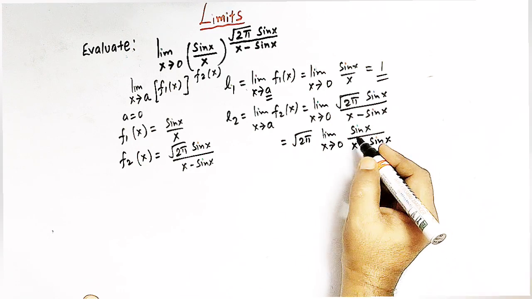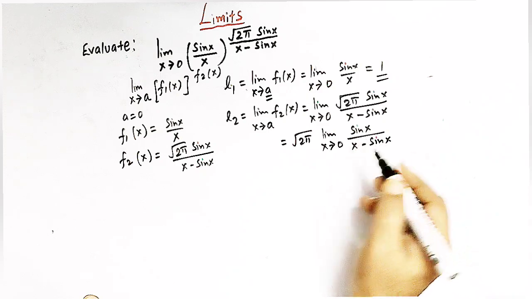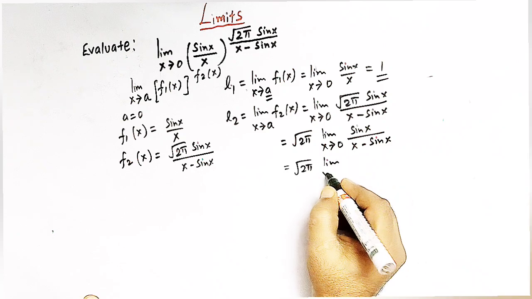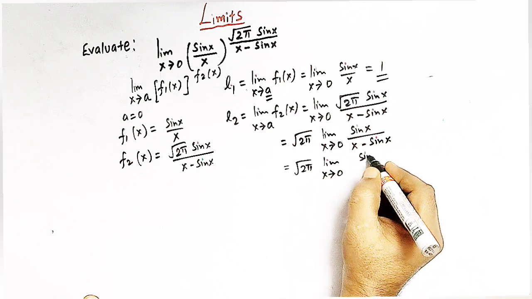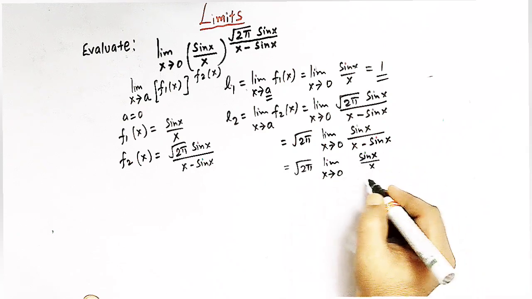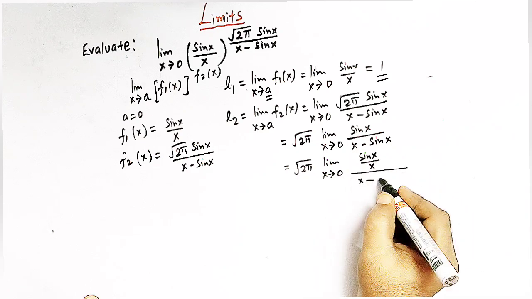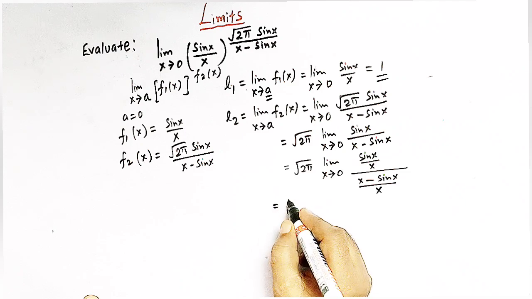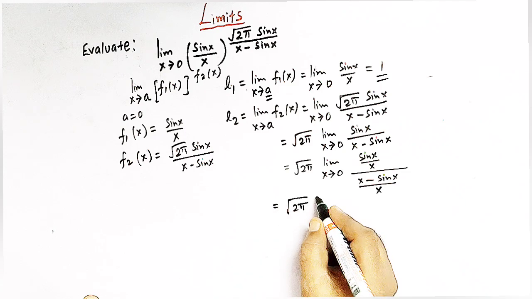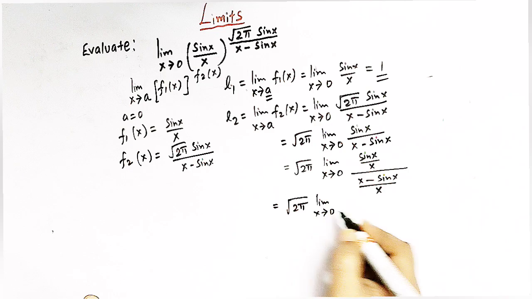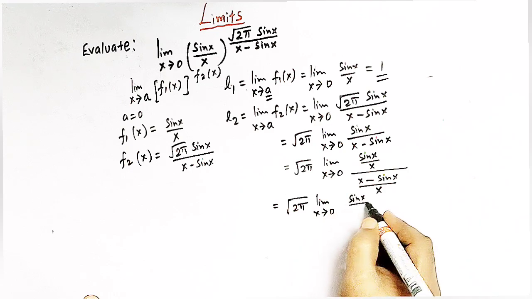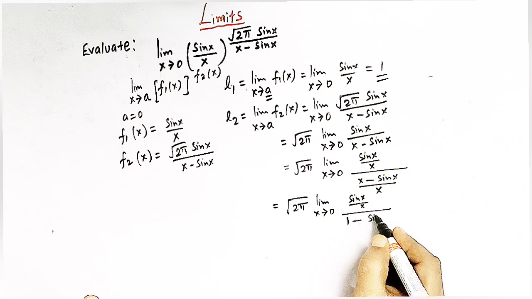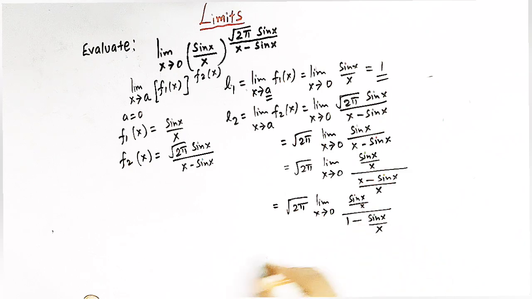So now dividing the numerator and denominator by x, we can write this limit as limit x tends to 0, and here we have sine x divided by x, and here we have x minus sine x divided by x, right? So we can write square root of 2 pi limit x tends to 0, sine x over x, and here we can now write 1 minus sine x over x, right?